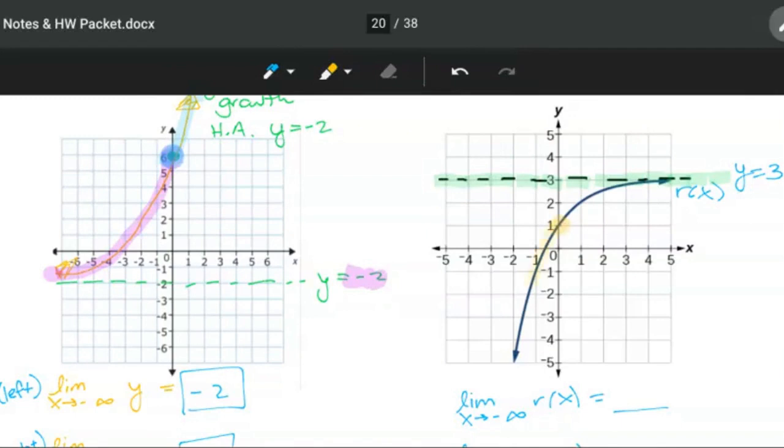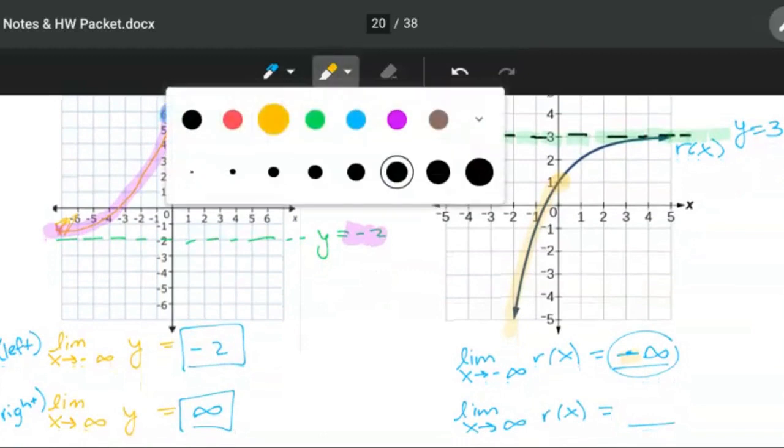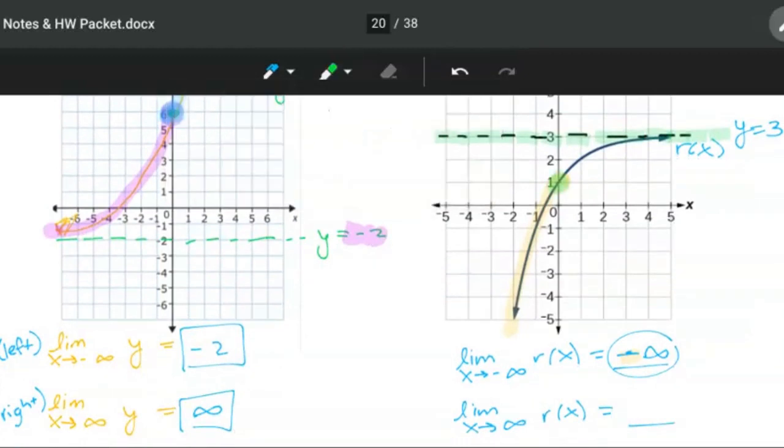As we go further and further left, our pen is going down. Down would be negative infinity. And then the other limit is a fancy way of saying the right side of the graph. If we trace from the middle to the right, we're getting closer and closer to the asymptote. The asymptote is at 3, so our answer would be 3.